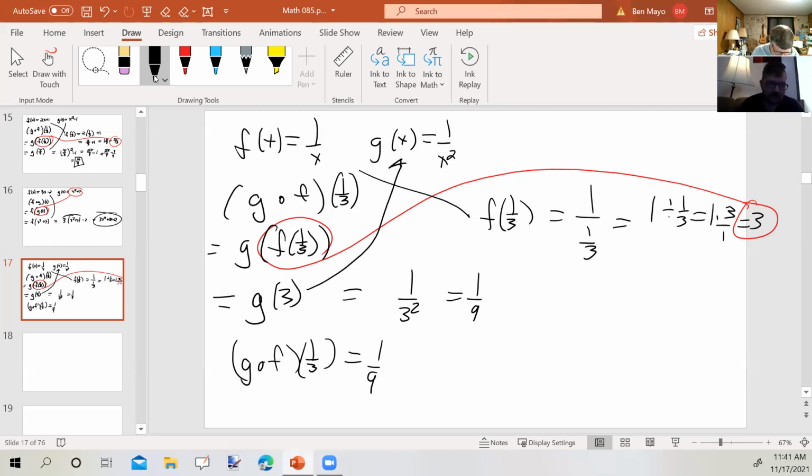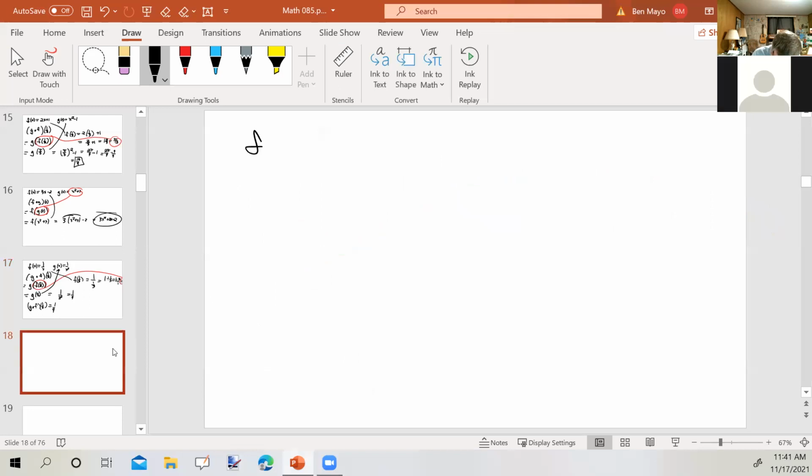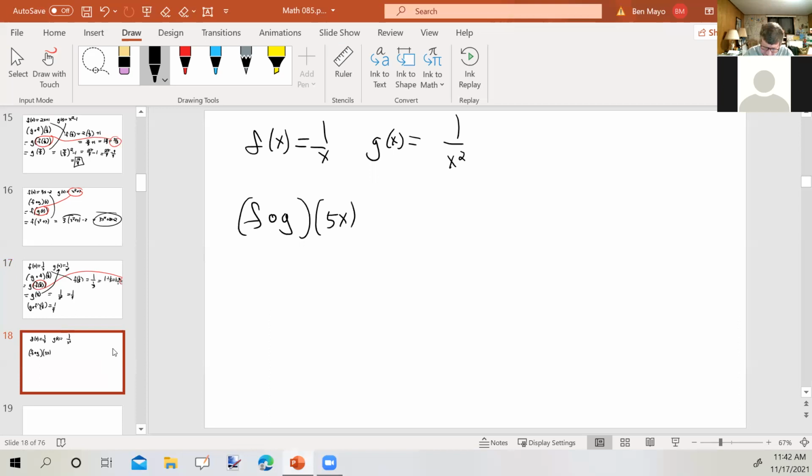Let's see. Oh, here we go. Now, again, f of x equals 1 over x, and g of x equals 1 over x squared. Let's find f composed with g of 5x.